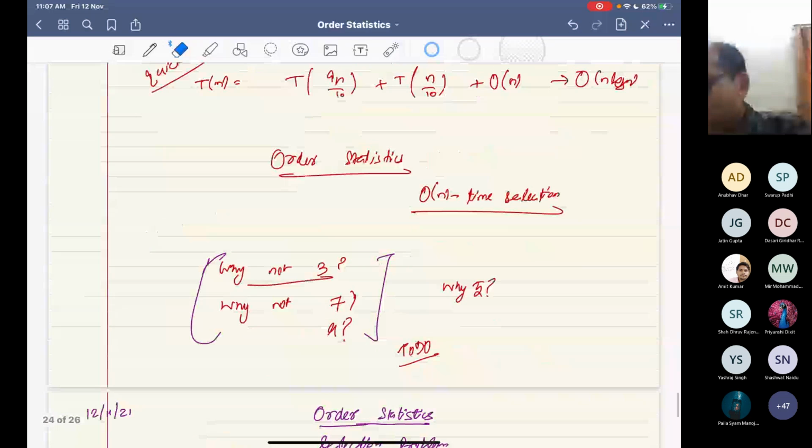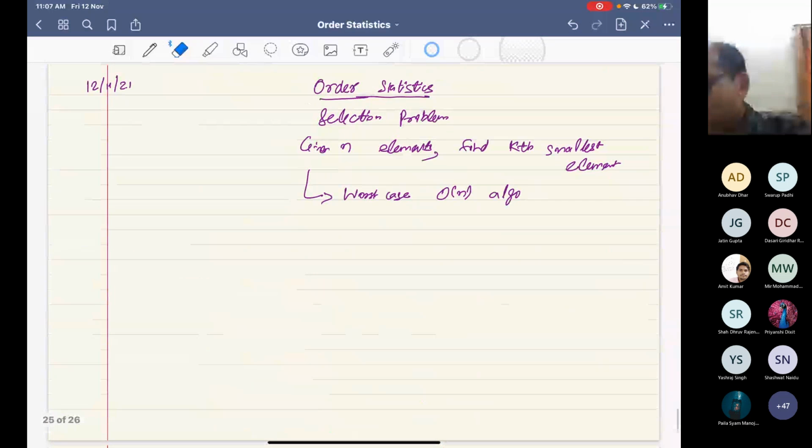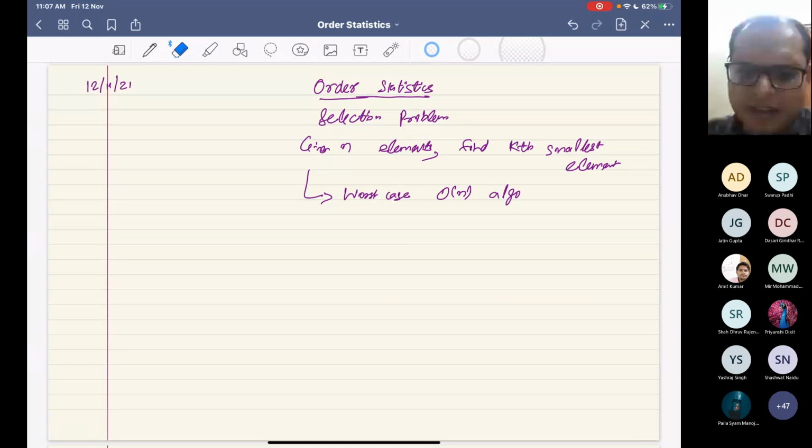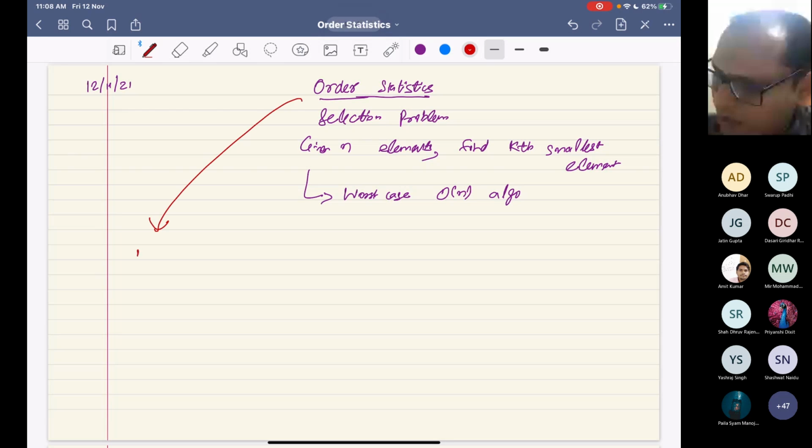And towards that, I also said that using this algorithm, you can also make quick sort have worst case n log n. So how to use that to make quick sort O(n log n) in the worst case? What will you do?